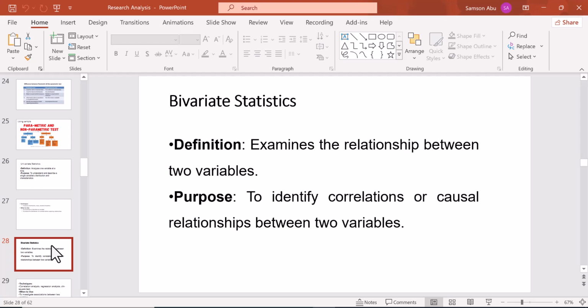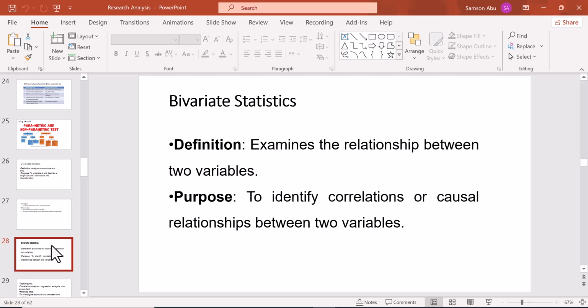Then we have bivariate. From the word bi, it means two. When you are examining relationship or association between two variables, we say it is bivariate statistics. The purpose is to identify correlation or causal relationship between two variables.